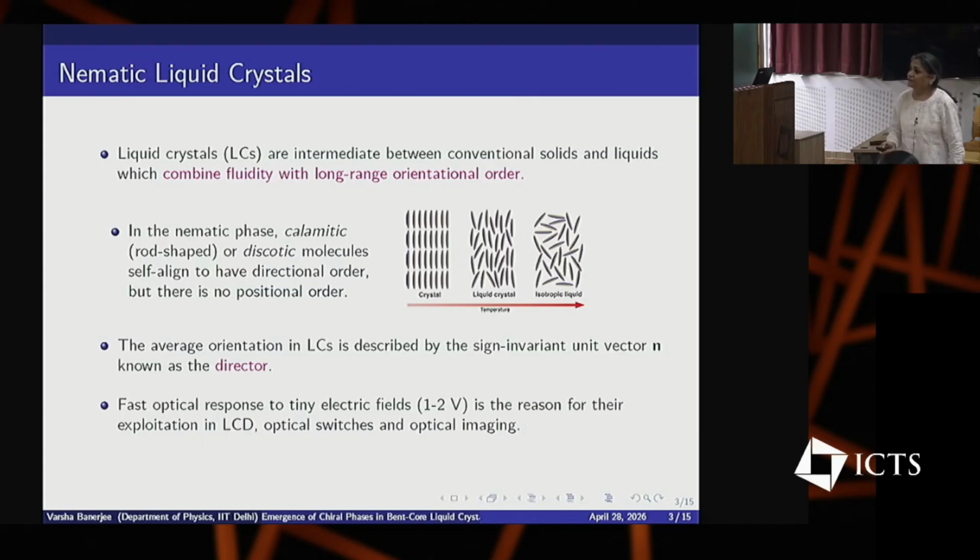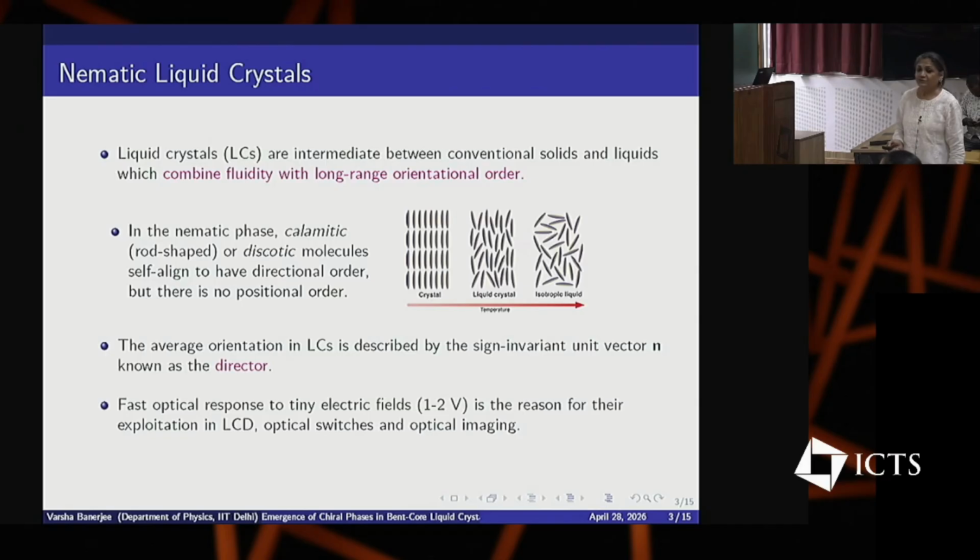In the nematic phase, the molecules are usually rod-shaped molecules. These are called calamitic liquid crystals. They could also be discotic molecules, and they have a tendency to self-align in a certain direction. That direction is what is usually known as the director of the system.